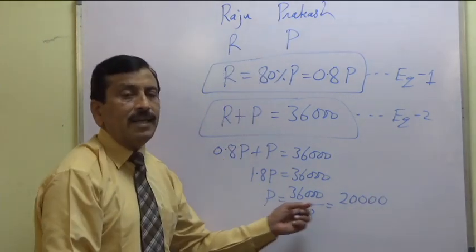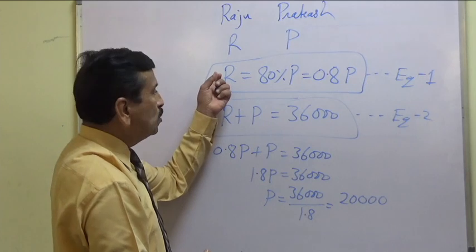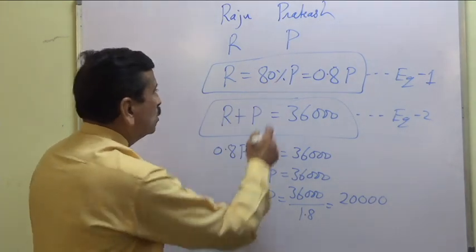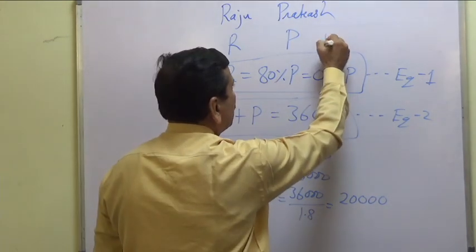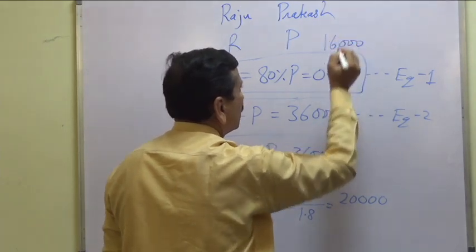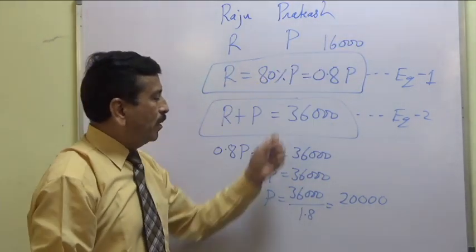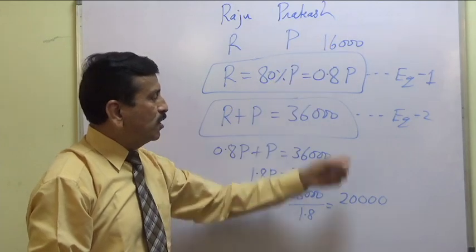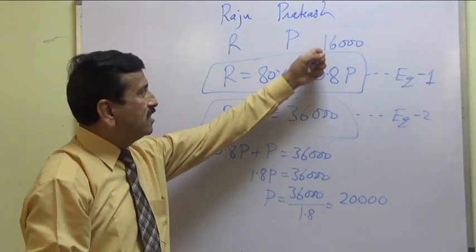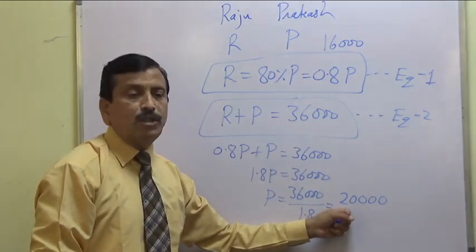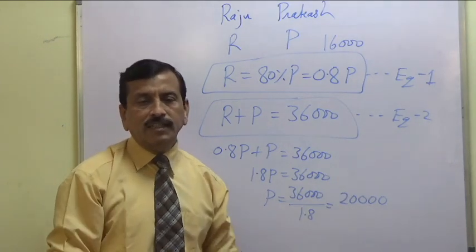So Prakash's salary is 20,000 and Raju's salary will be 80% of that, which is 16,000. 16,000 plus 20,000 is 36,000, and 16,000 is 80% of 20,000. So both the conditions are satisfied.